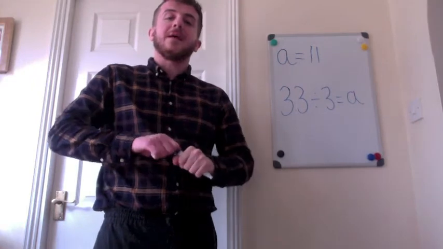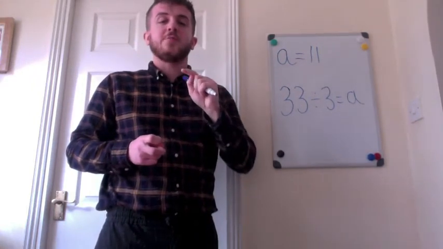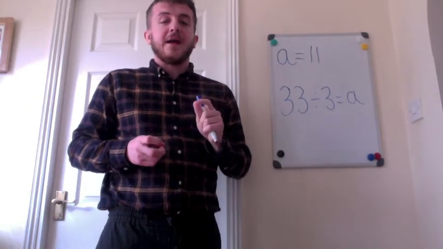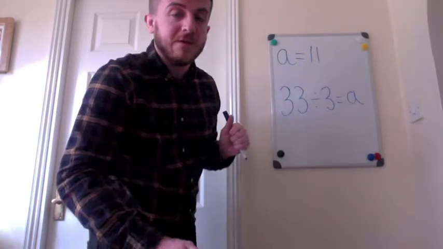Brilliant. Okay. I'm going to give you 3 calculations, and I want you to pause the video, have a go at them, and we're going to go through the answers together. Okay, so I'm going to give you the first one now.